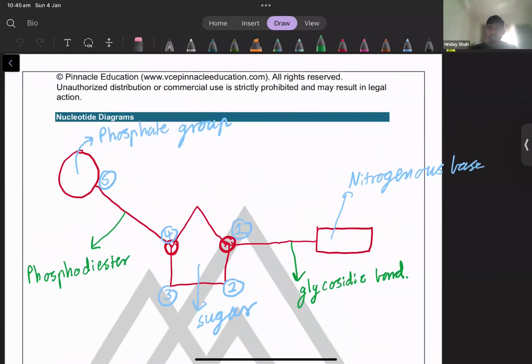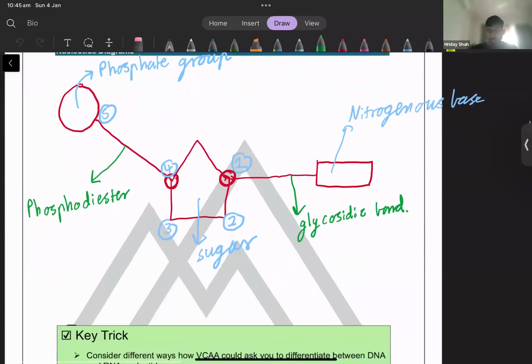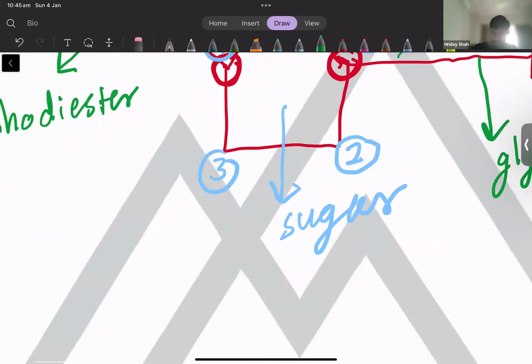If we are talking about the DNA nucleotide, there's only one thing that you need to change. That is the sugar. We can't just call it a sugar. We need to specify that it's a deoxyribose sugar.